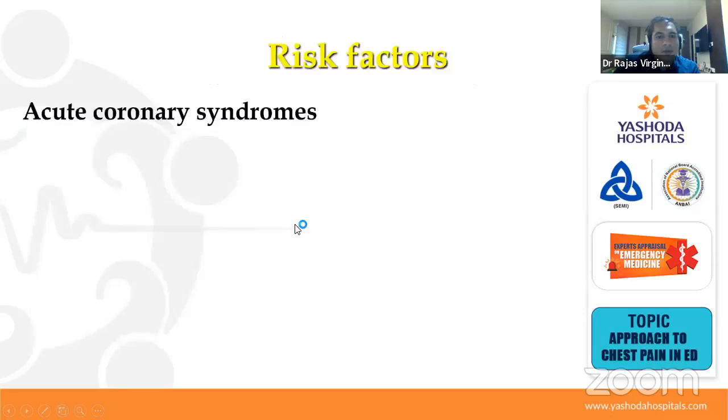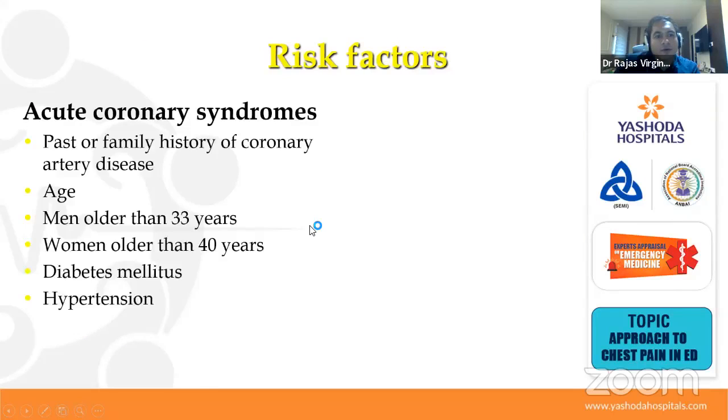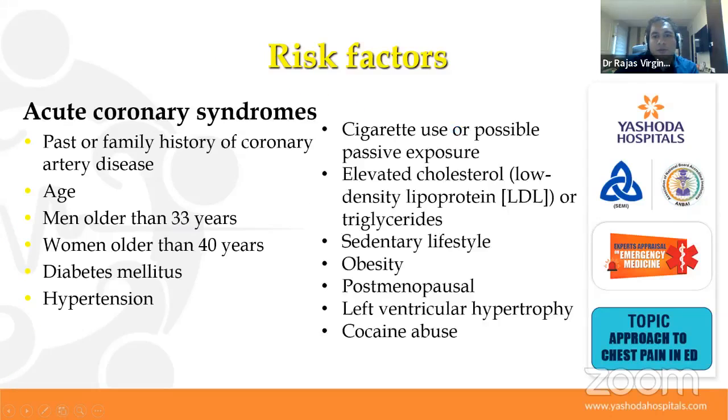In terms of risk factors for acute coronary syndromes, obviously this is something that we deal with on a daily basis. These are all questions that we ask patients in terms of their previous history, general demographics, or family history of coronary artery disease. These are all factors which put the patient at a higher risk of an acute coronary syndrome. Obviously, things like cigarette use and elevated cholesterol, which is a very important finding in most patients in India.